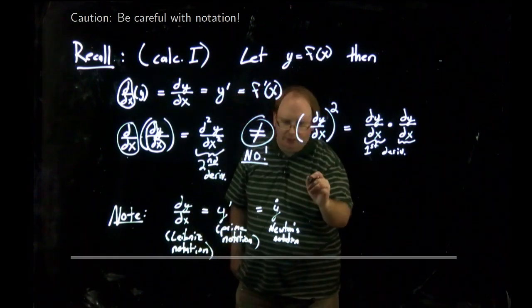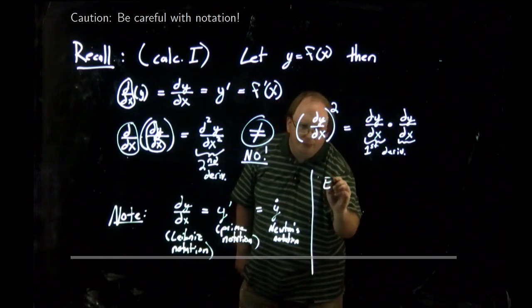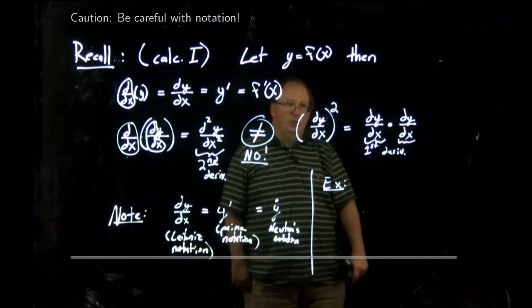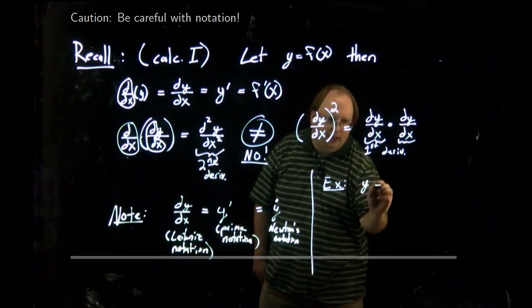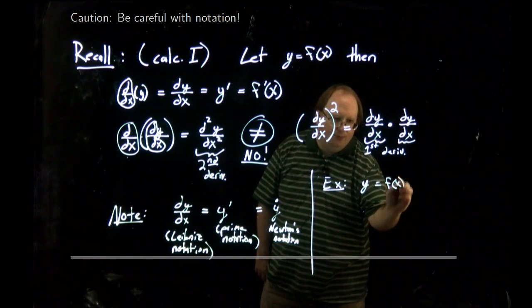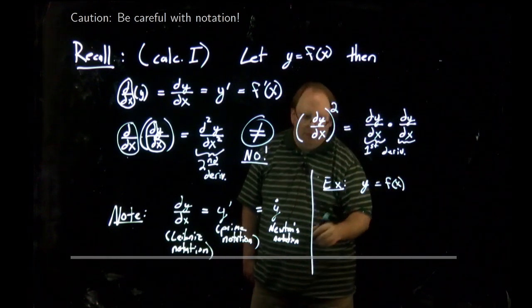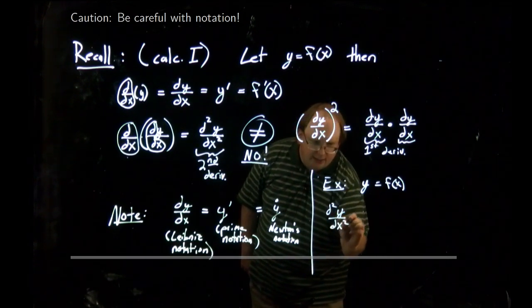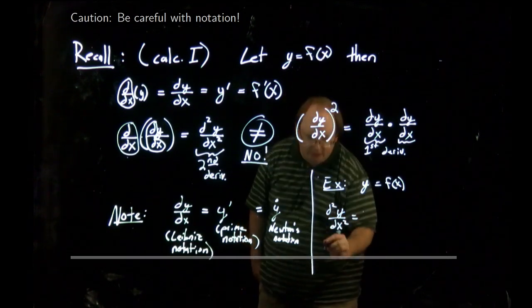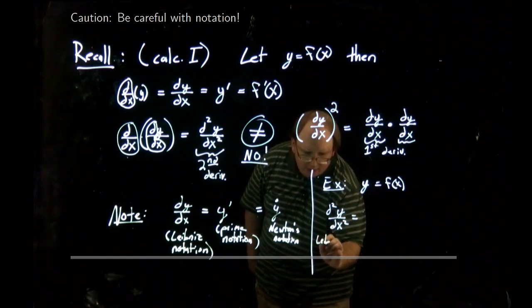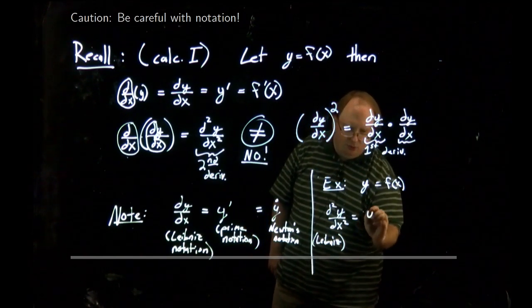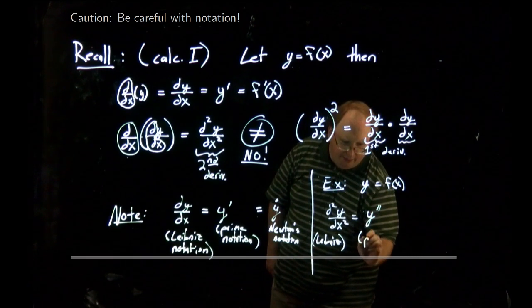So here's another example. Suppose I have, again, y is equal to f of x, just like before. But now I'm going to look at the second derivative. So I'll have the second derivative of y with respect to x. That's, again, Leibniz notation. And again, I can write y double prime in my prime notation.